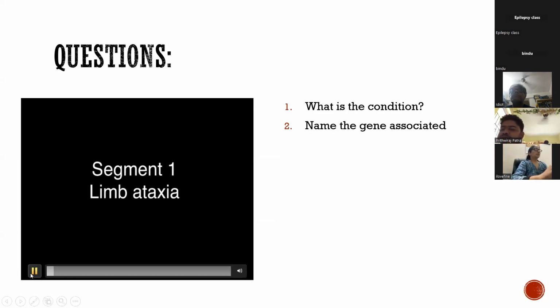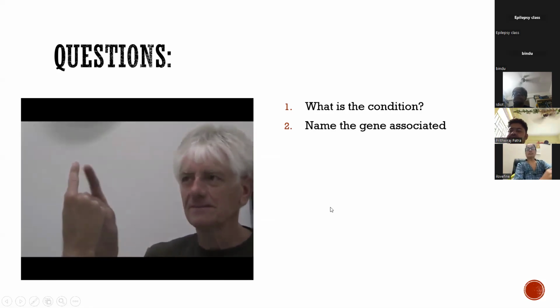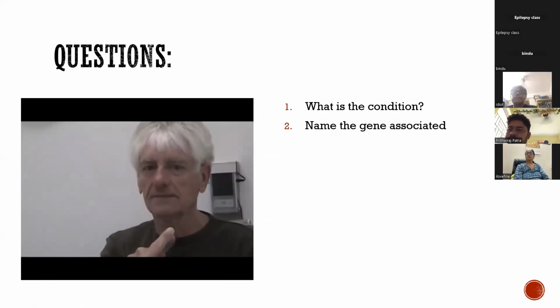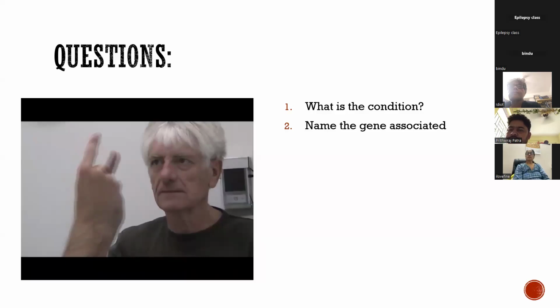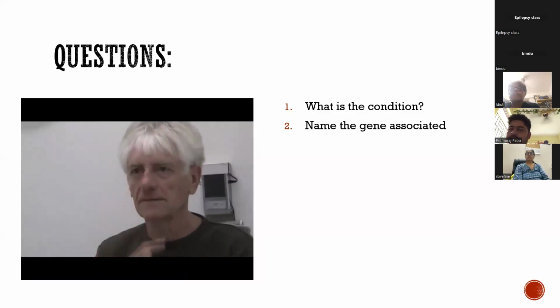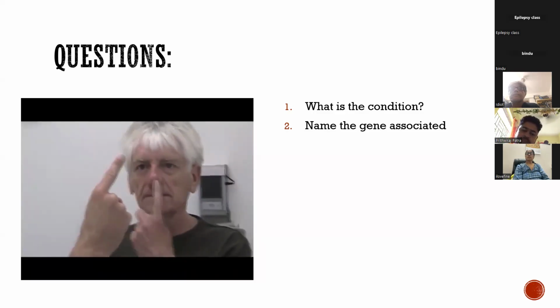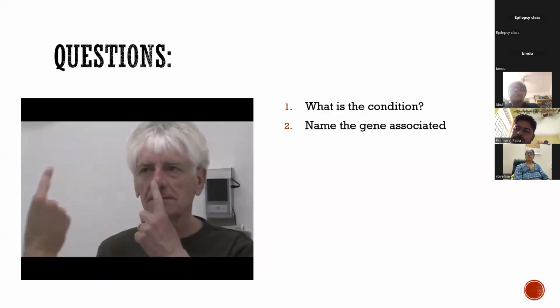So this is the same patient. Limb ataxia is being checked. So what is the condition? Name the gene associated.